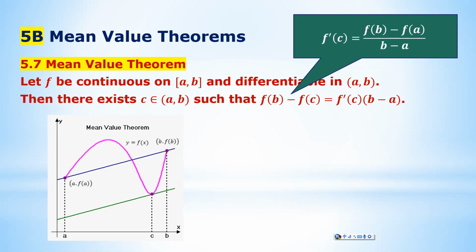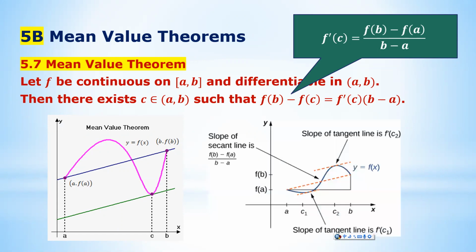There may be more than one c satisfying the same condition. Like in this case, you can see there's a c1 and c2, and at both c1 and c2 the derivative equals this quotient. So the theorem is just saying that there exists one. It doesn't say that there is a unique one.